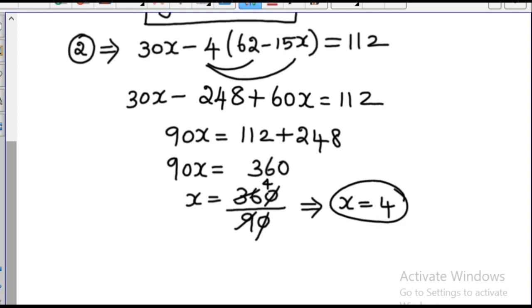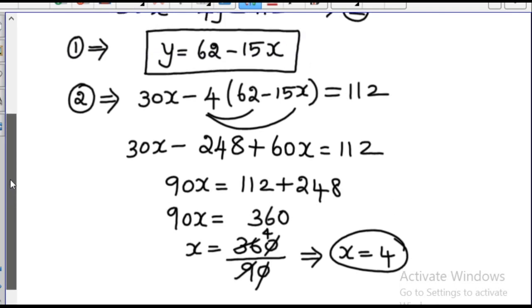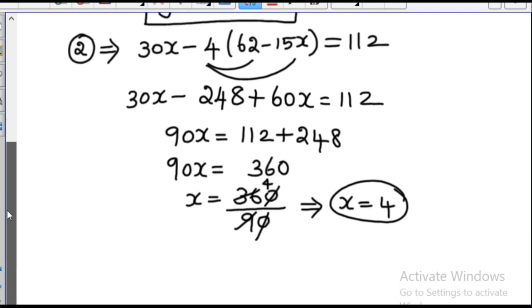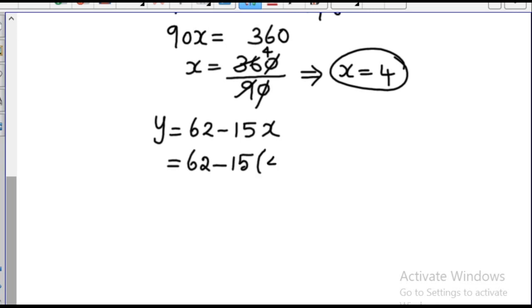Okay. Then y value. Already we found y: y is equal to 62 minus 15x. In this you can substitute. Y is equal to 62 minus 15x. So that is equal to 62 minus 15 into x, where x is equal to 4.